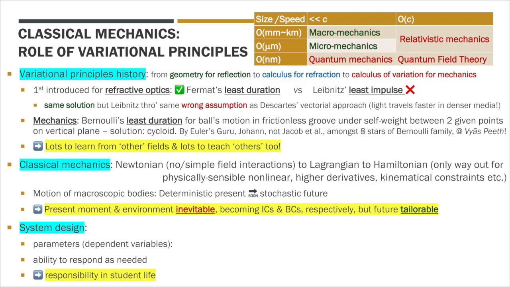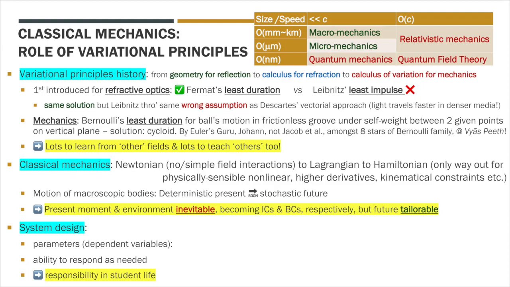But Leibniz, a great person himself, a great scientist as well, used a wrong quantity to optimize, a wrong functional, which is basically the resistance of the media to light multiplied by the duration, which is basically nothing but an impulse. And he minimized that. Both of them ended up with the same result. But one was based on a correct assumption, the other was based on a wrong assumption.